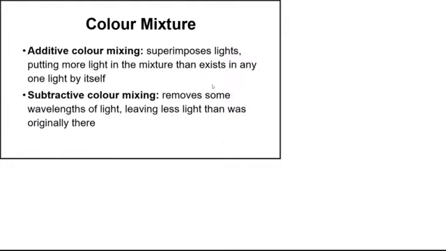But what we are going to care about is the opposite of that, and it is additive color mixing. This is the idea that white light is made up of all of the possible wavelengths of visible light, anywhere from 400 nanometers up to 800 nanometers. And as we add more and more wavelengths, more and more colors of different wavelengths, we're going to get closer and closer to white light.